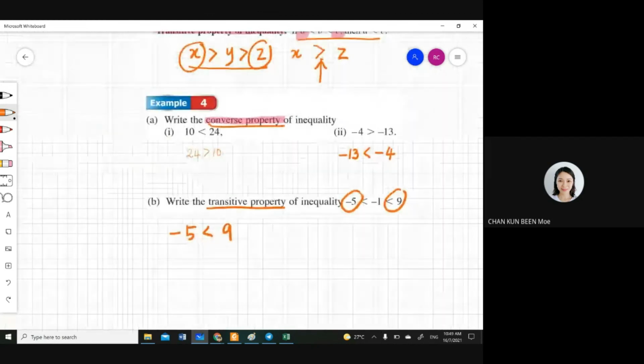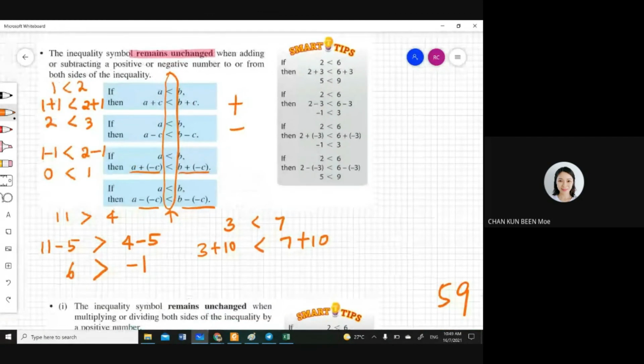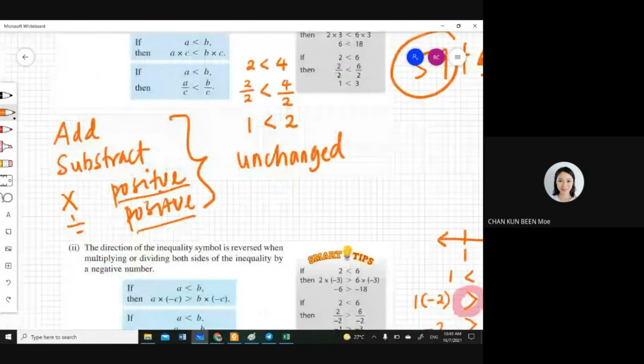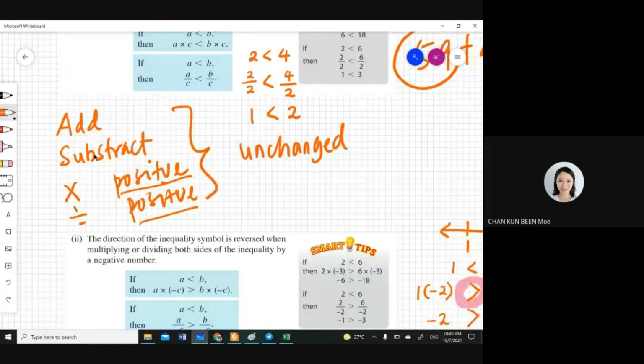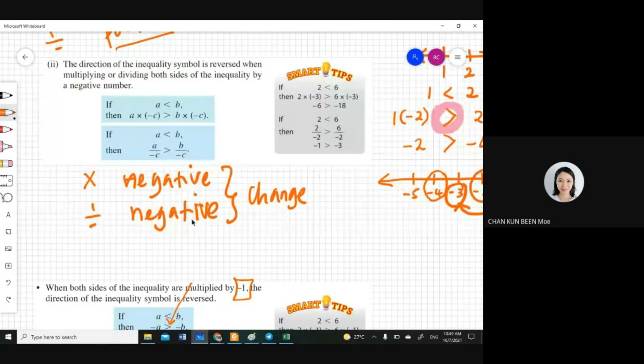After this, you learn this. Remember, when you add, subtract, multiply, or divide with a positive number, the symbol remains unchanged. It's the same. When you multiply or divide with a negative number, the symbol changes straight away.